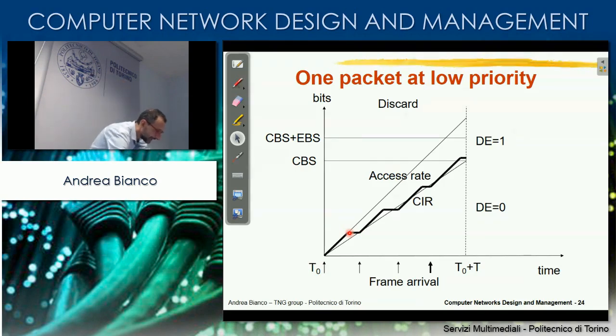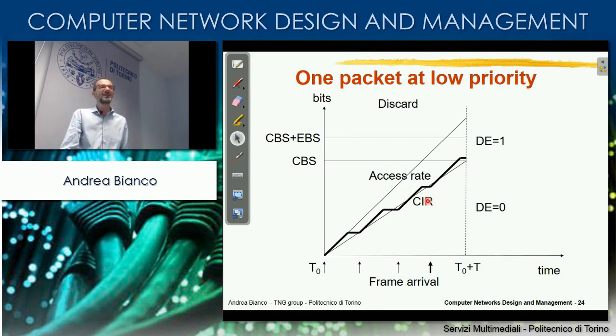It's not an issue. Then the next packet is sent, and the next packet is sent. And now look at this one here. If you look at what's happening in T, if you send also this fourth packet, you see that we are exceeding CIR over T. We are sending more than CBS. This value is larger than CBS. Correct? So it means that this packet is not compliant.